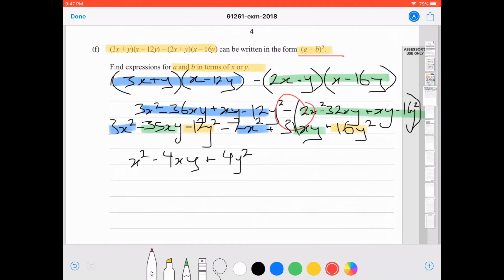They say it can be written in the form a plus b all squared, and I believe that's called perfect square form. I'm not really too sure how to explain this. Basically, we're working with square numbers, looking at our a and c terms.